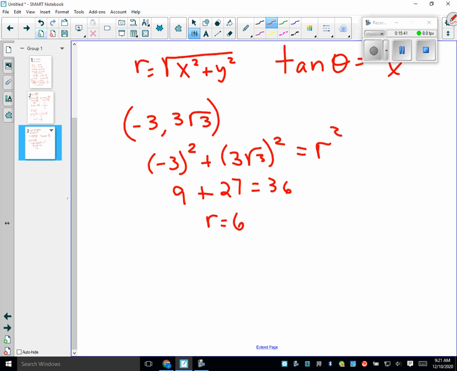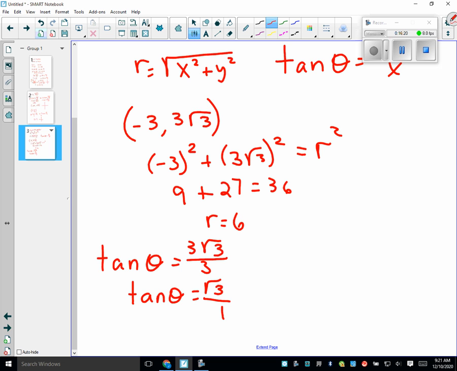Now, tangent of theta is 3 radical 3, and I'm going to drop the negative. All I'm trying to find is my reference. So this is tangent of theta radical 3 over 1. What quadrant is this point in?